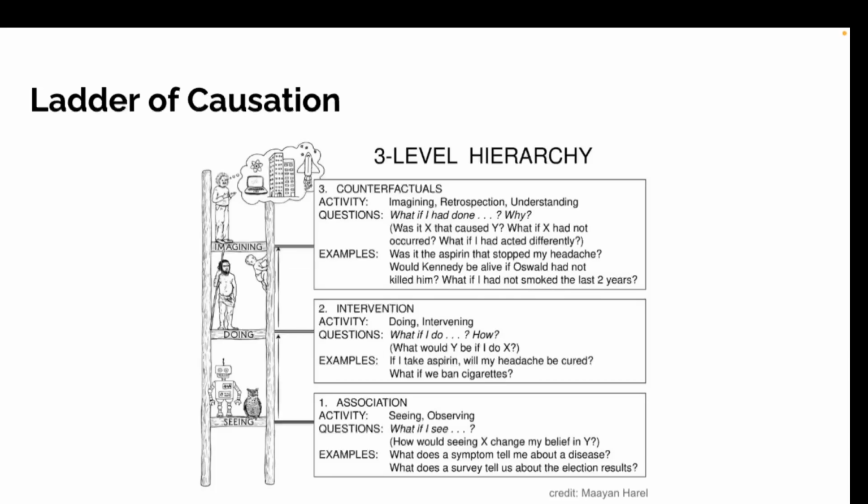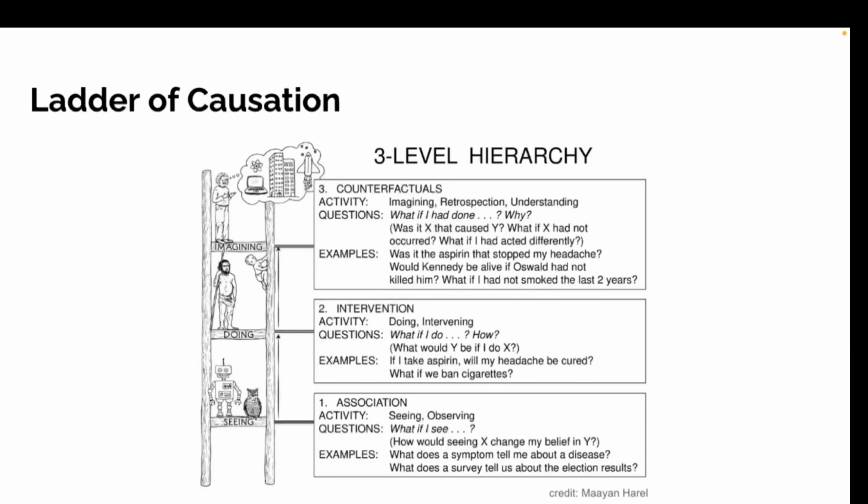The first level is called association, and that's machine learning, right? It's the simplest case, when the job of ML is finding patterns in data and then making associations between the pattern and the target variable. So that's the simplest and first step.